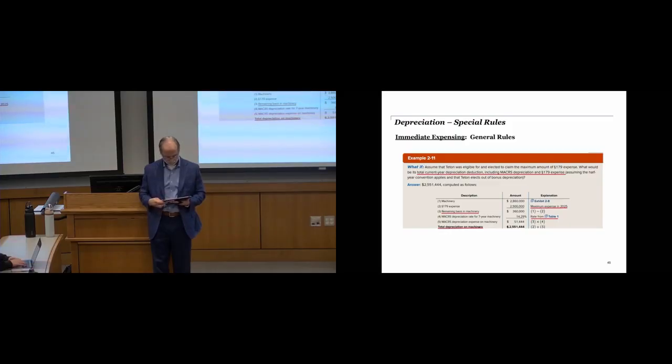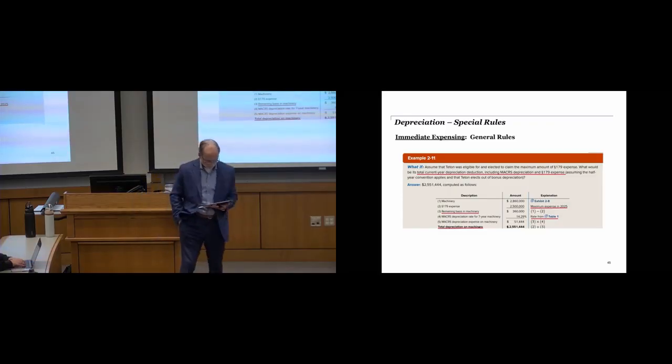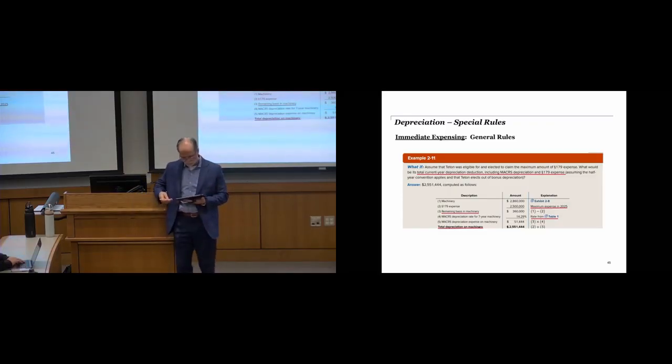The problem states the T10 is eligible and elected to claim the maximum section 179 expense. So in 2025, the maximum section 179 deduction is $2,500,000.